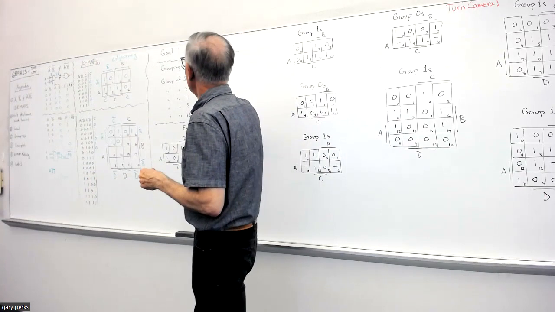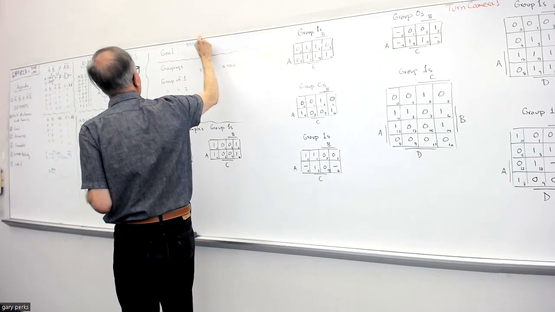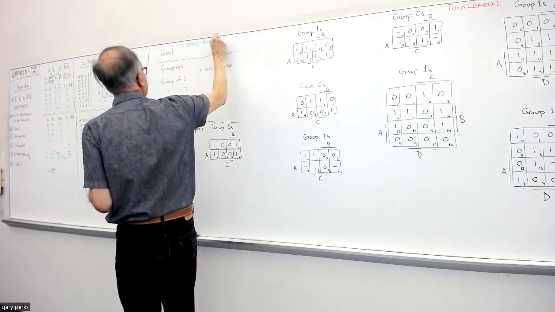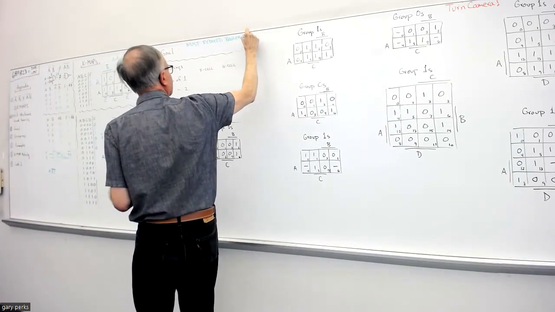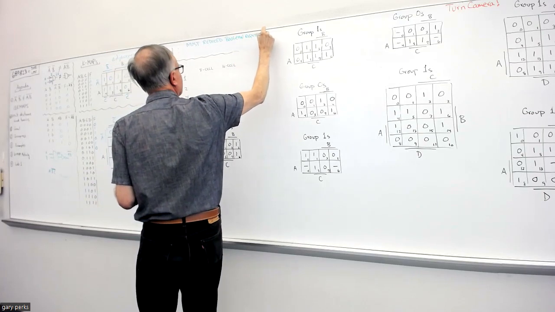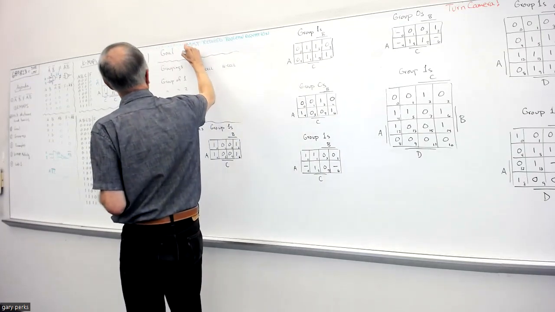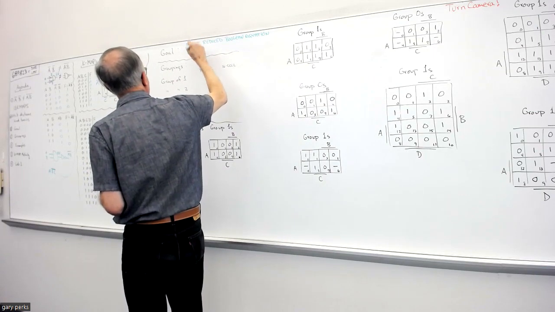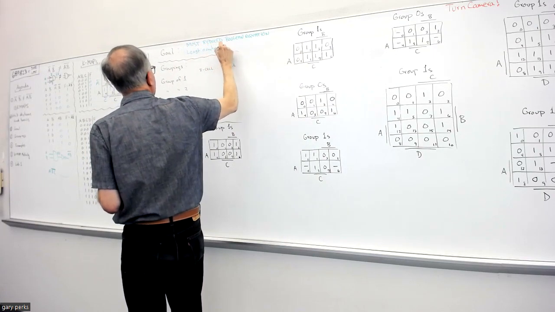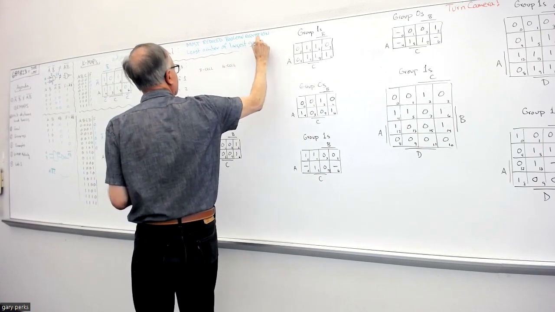The goal of Karnaugh maps is to get the most reduced Boolean equation. And you're going to see the way we do that is we want to get the least number of largest groupings.